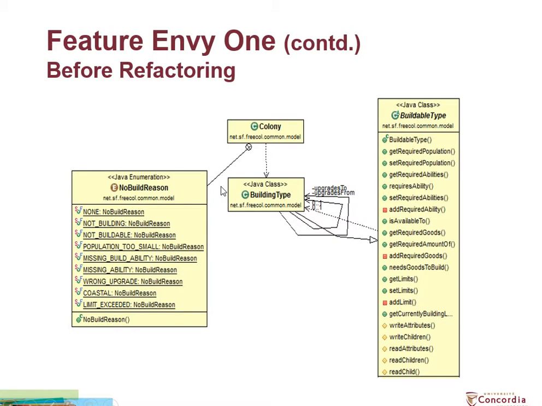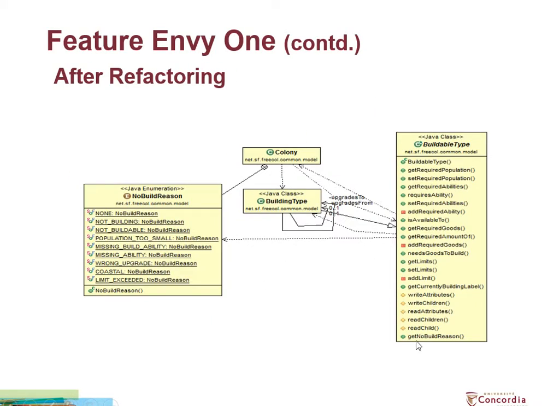Here you can see the class diagram of these classes before refactoring. Here we have an enumeration defined in colony class, and we have building type class with these functions, and after refactoring, a new function has been added here to the class buildable type, and the dependency between classes has been increased.